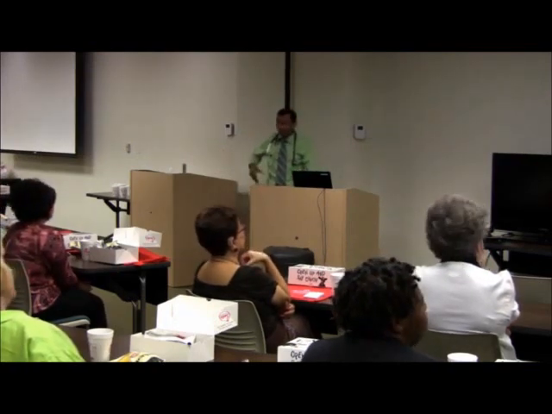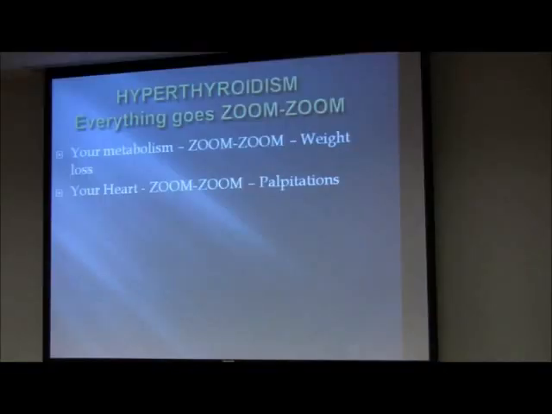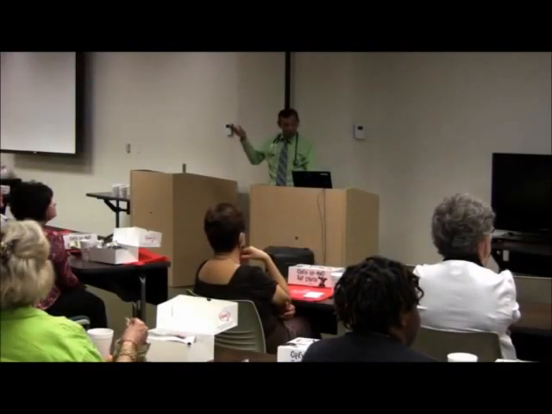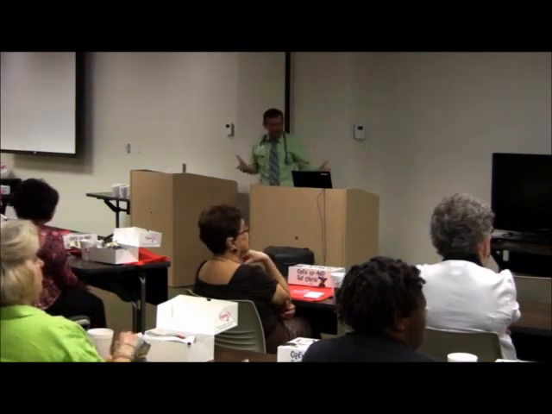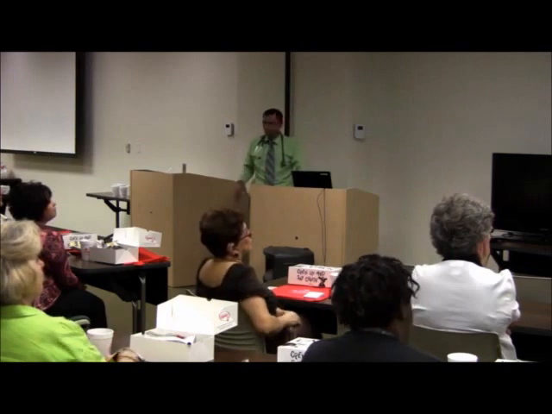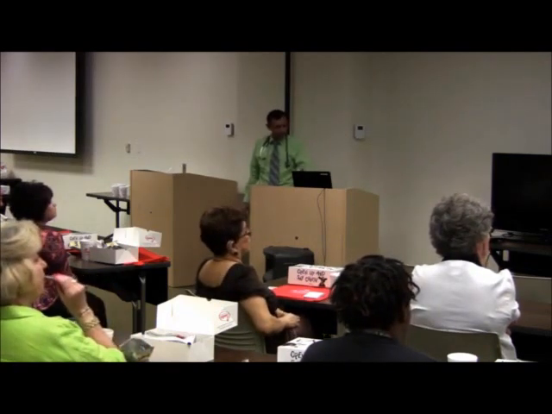Your heart, what happens to the heart? Goes zoom. Palpitations, irregular heartbeat, all sorts of things. Your brain, zoom. Irritability, anxiety, nervousness, insomnia, all sorts of things, whatever your brain can think of can happen.